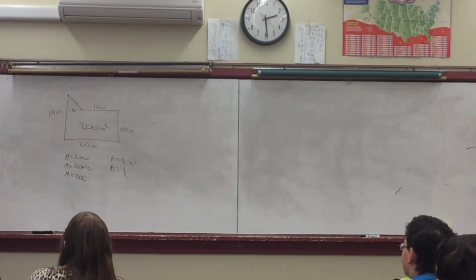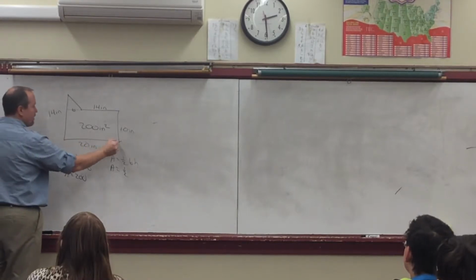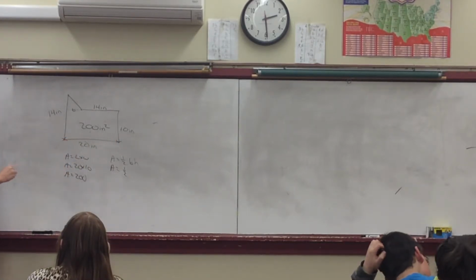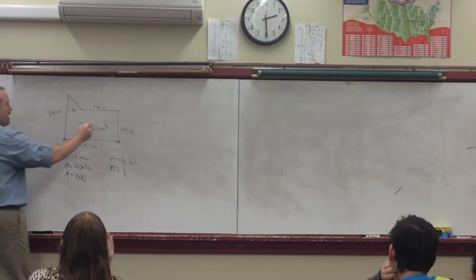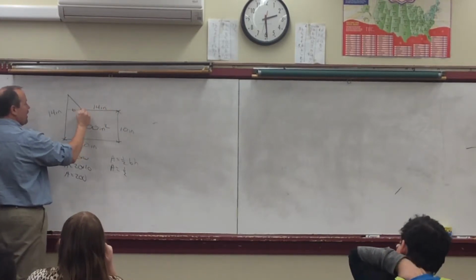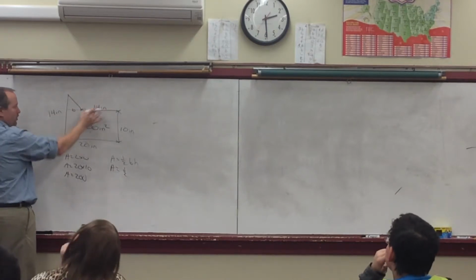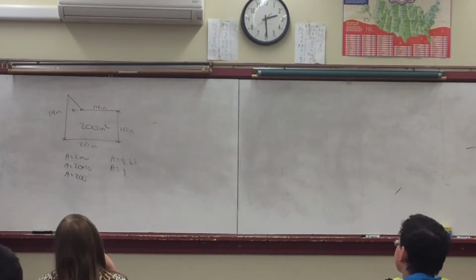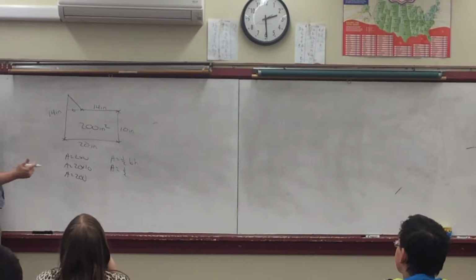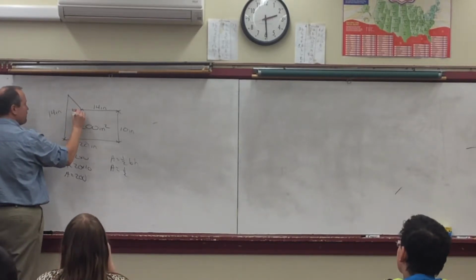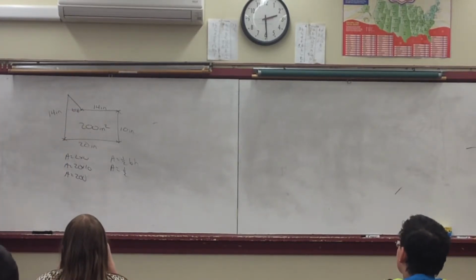Take the 20 inches minus the 14 inches. We know the total distance from here to here is 20. Up here, we've gone 14 to this point. So we know 14 plus something equals 20, or 20 minus 14, which would be 6. So the base in this situation would be 6.